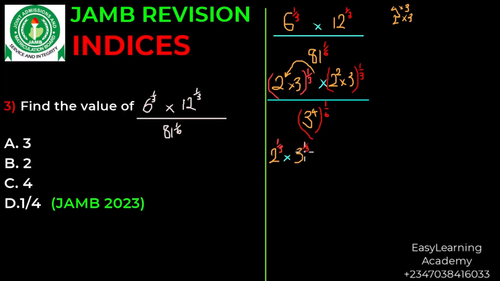The next thing we're going to do is solve for the second bracket, and it's still the same method. The power that was outside the bracket is going to multiply the powers that are inside the bracket. So now we have our 2, and there's a 2 here. This 1 over 3 is going to come here and multiply with this 2, so this will now be 2 times 1 over 3.